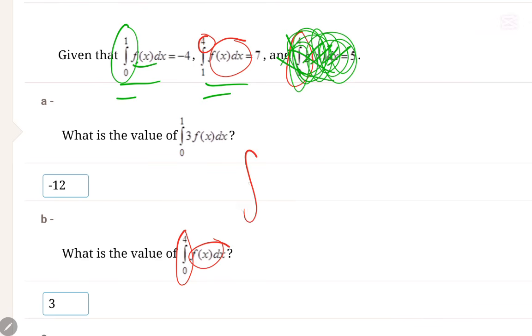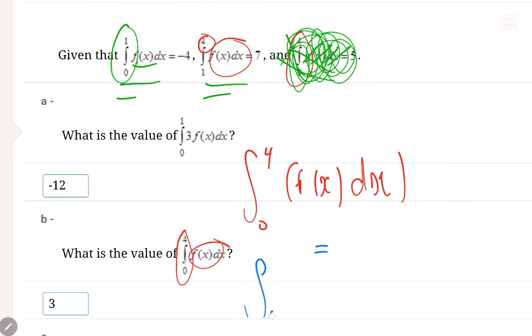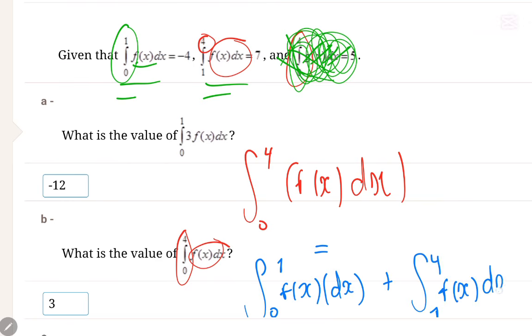Now, what I am looking for is integration from 4 to 0 fx dx, right? Now, I'm going to make it equal to what? I'm going to make it equal to the integration from 0 to 1 of fx dx, right? Plus the integration from 4 to 1 of fx dx. What does this give me? What does this help me with?